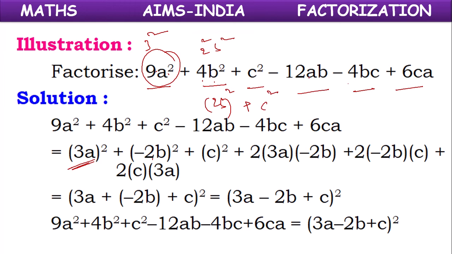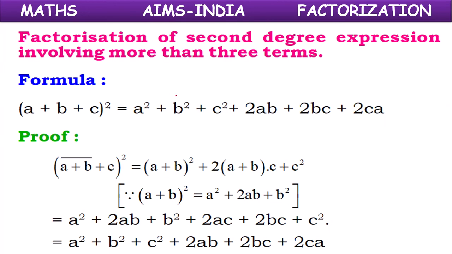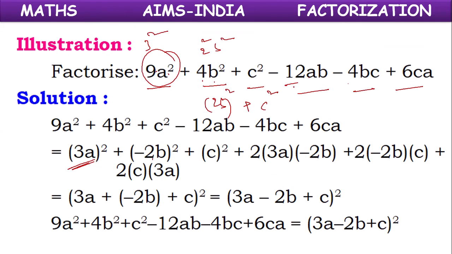Here minus 12ab we have, means in the formula we have plus, but here we have minus 12ab, means plus of 2 into one term to be positive and another term to be negative. First, what is the first term? 3a.